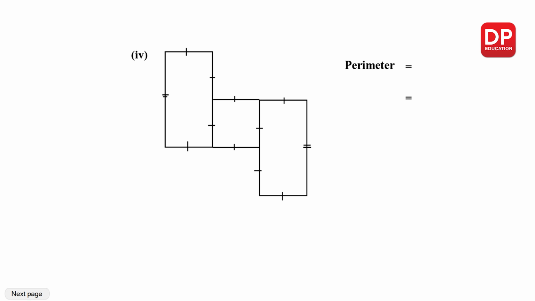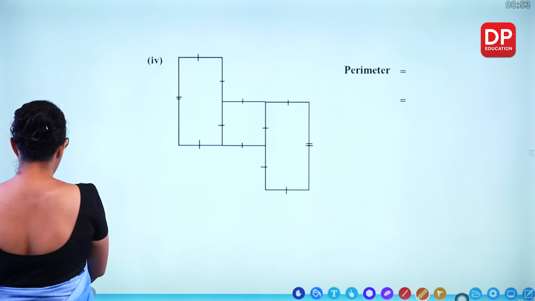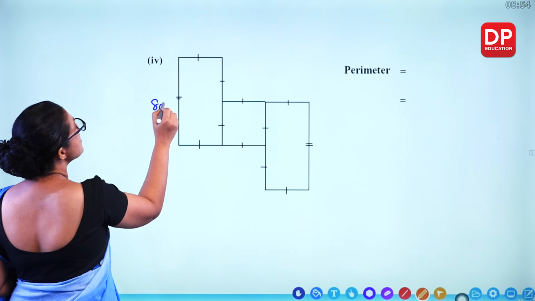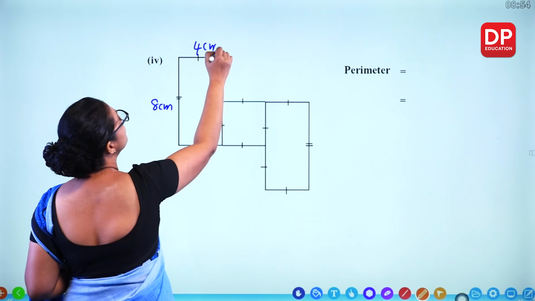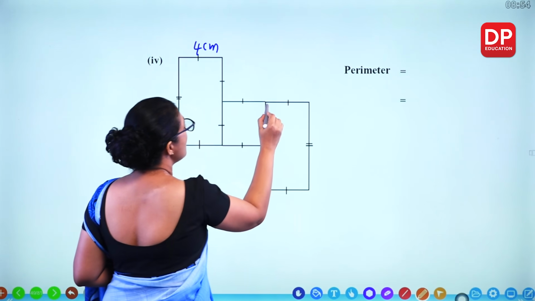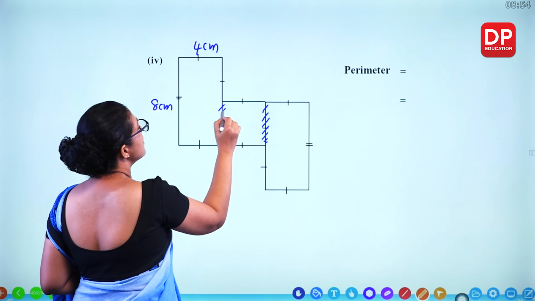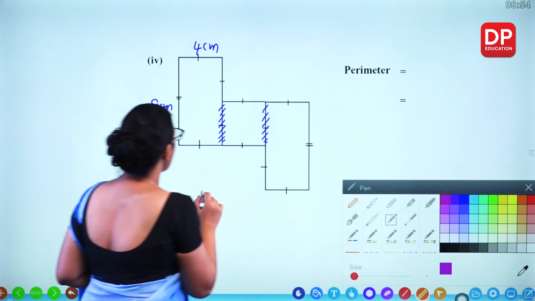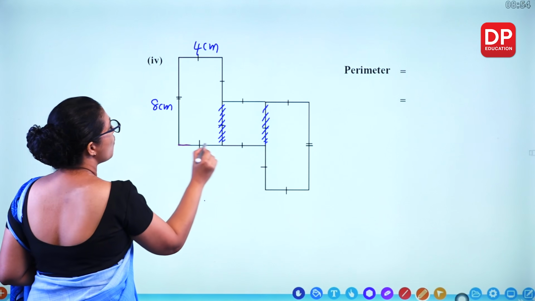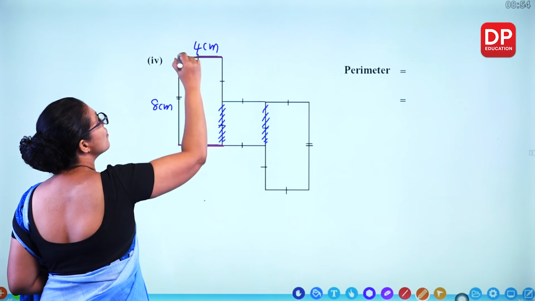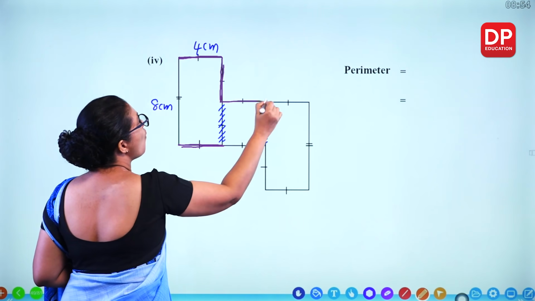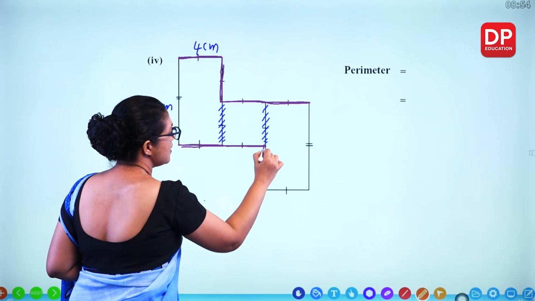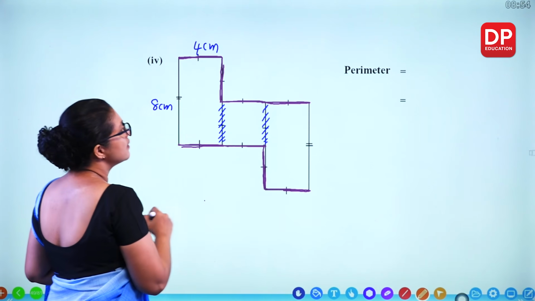This one, again, same lengths, 8 and 4. So this is 8 and this is 4. Now, in this one, we can't take this part. Those are inside lengths. We'll find out outside length. How many 4s are there? 1, 2, 3, 4, 5, 6, 7, 8. 8 4s.